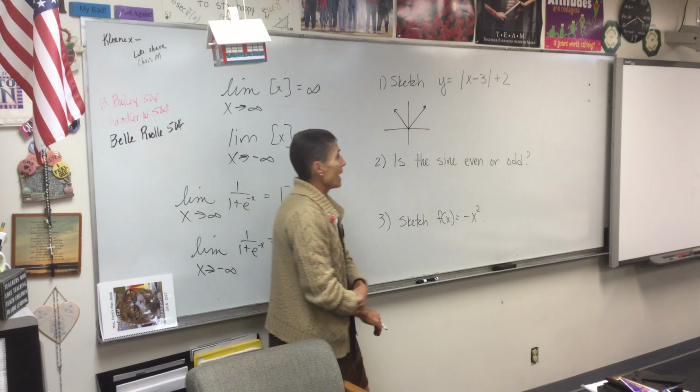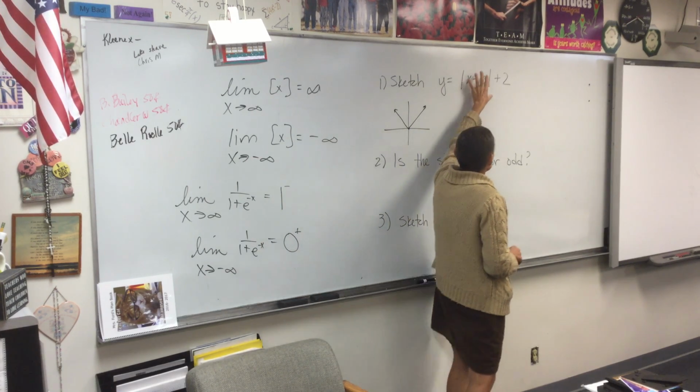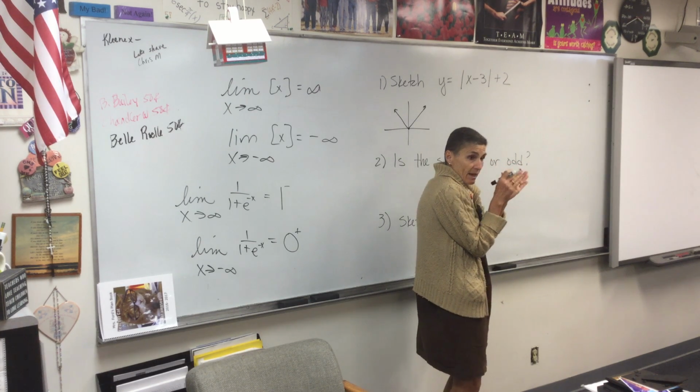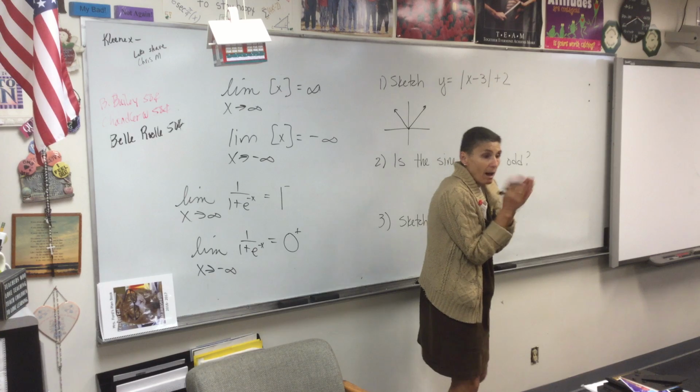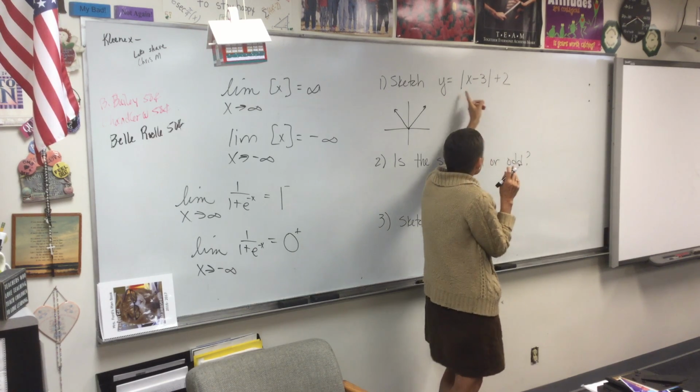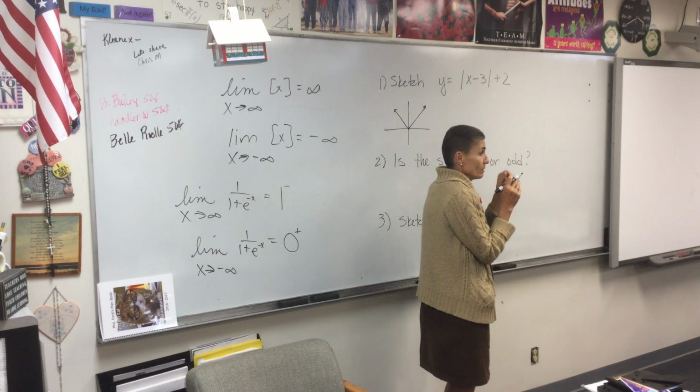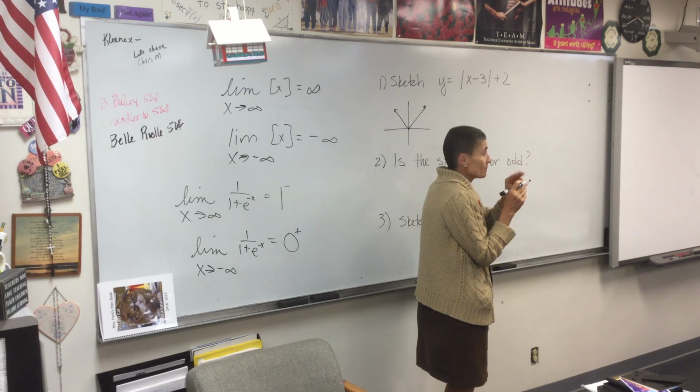Now, if the number is grouped with the x, then it moves left and right, the opposite of what you think. So x minus 3 is actually going to move you to the right, 3 steps.